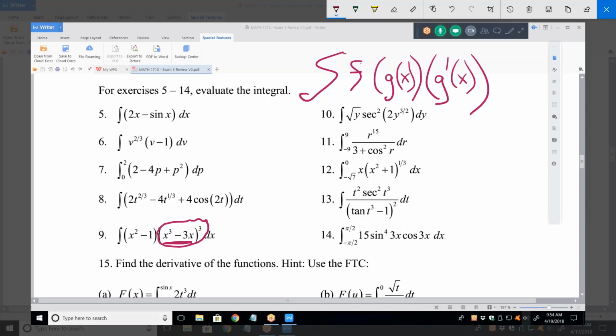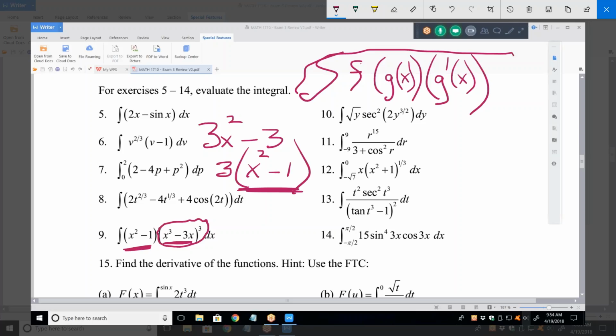Derivative, remember. 3x squared minus 3. Aha. And then I can factor a 3 out, leaving x squared minus 1. That matches that. So that is exactly what we're looking at.